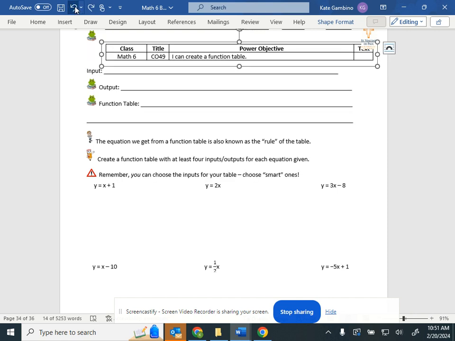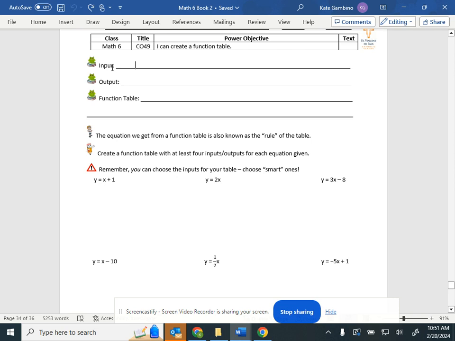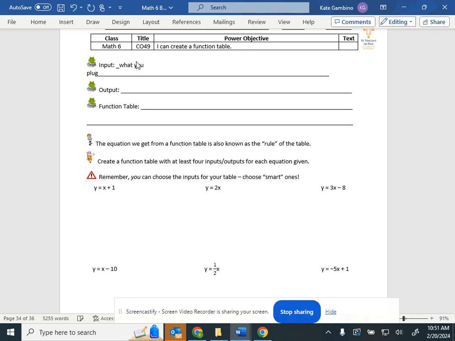So let's try it this way. I'm going to type in what you need to write. So our input is what you plug into an equation.